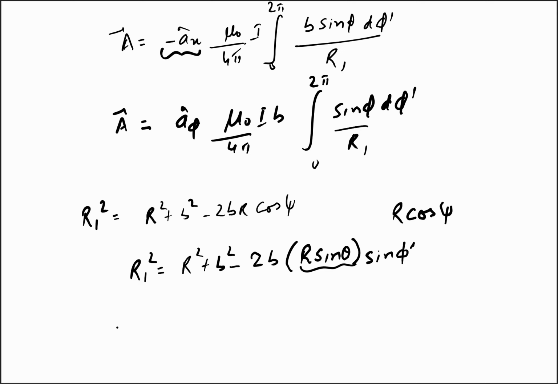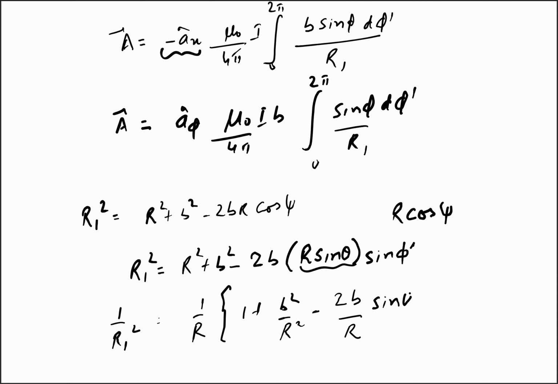So 1 by r1 square will be equal to 1 by r square times 1 plus b square by r square minus 2b by r sine theta sine phi dash, I am just taking the inverse, and raised to power minus 1 by 2.